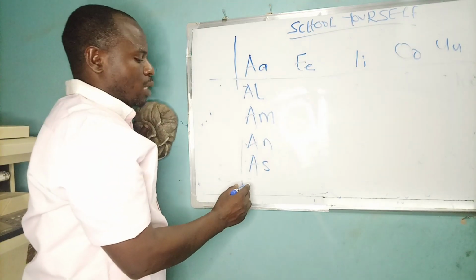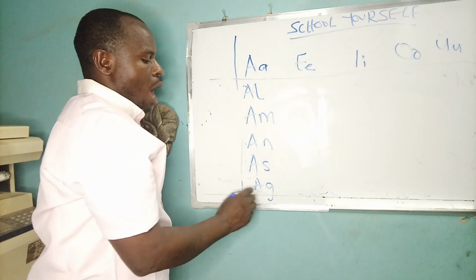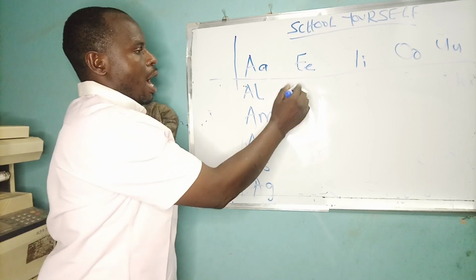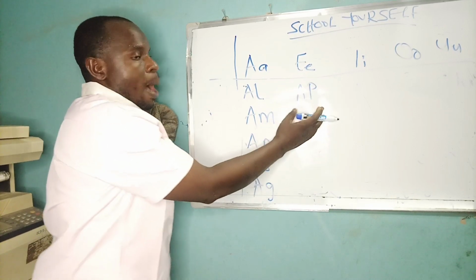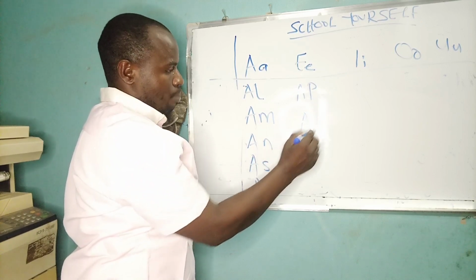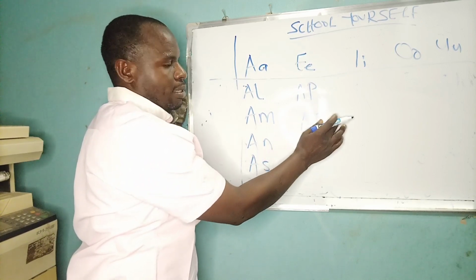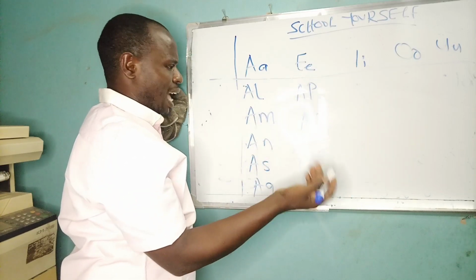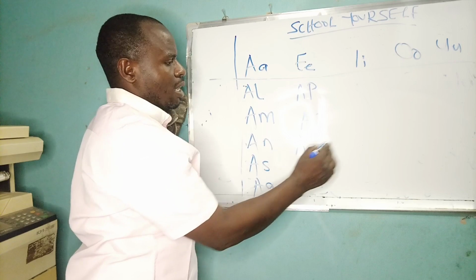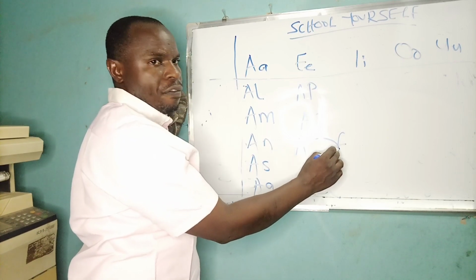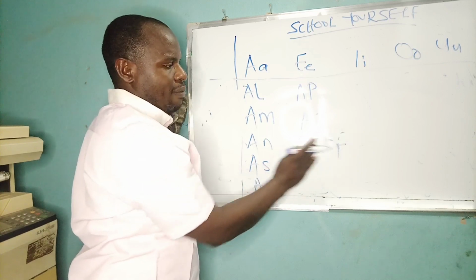Let's say I have a with g, ag, a with p, ap, a with t, at. It's just about joining them together. I have a, there's f here. How to combine them? That's af.